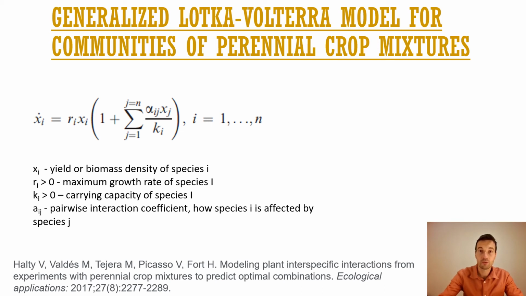This model would help to design multi-species polycultures based on empirical data on testing yield of monocultures and selected bicultures by combining species from different functional groups, for example, from legumes, cool season grasses, and warm season grasses.